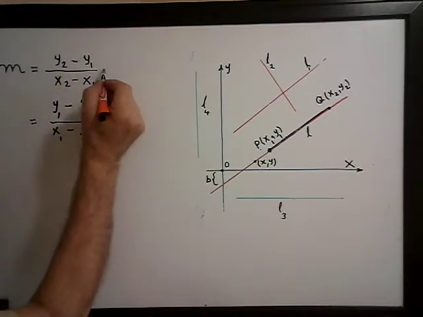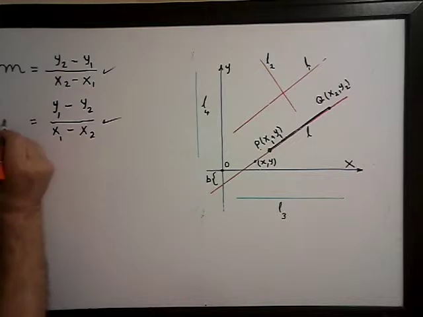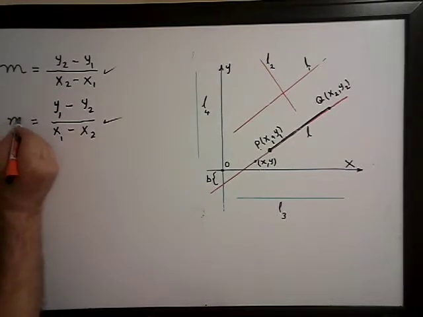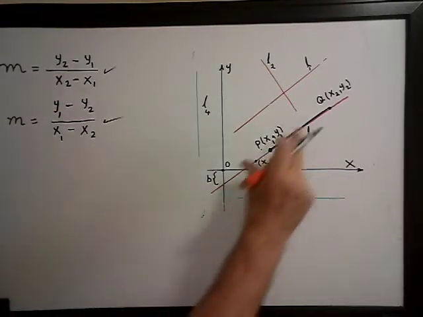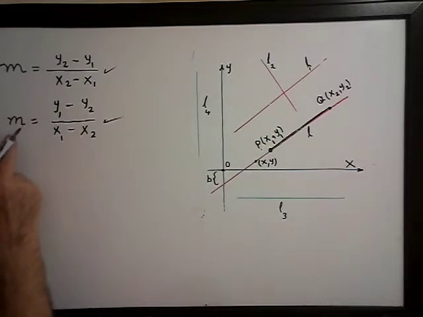So any of these two forms can give you the slope of the line, which is m.